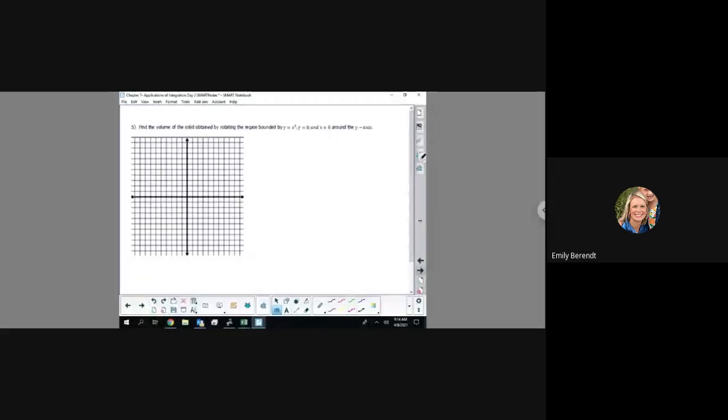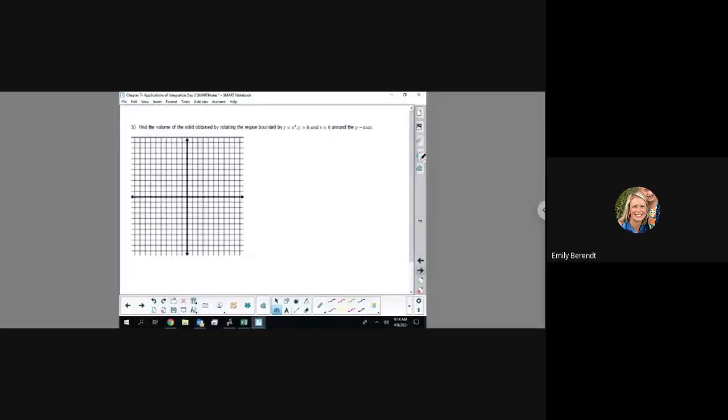It's ginormous. All right, find the volume of the solid obtained by rotating the region bounded by y equals x cubed, y equals 8, x equals 0, and around the y-axis. All right, so y equals x cubed is our cubic function.